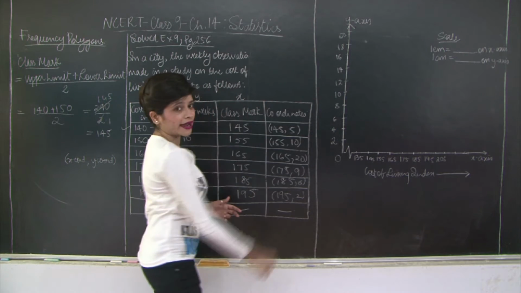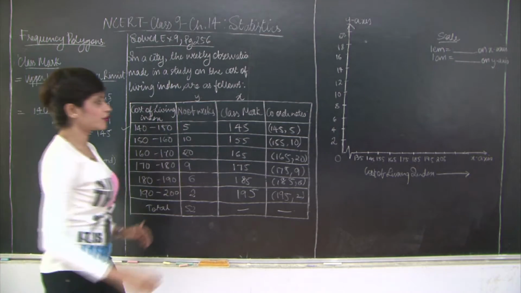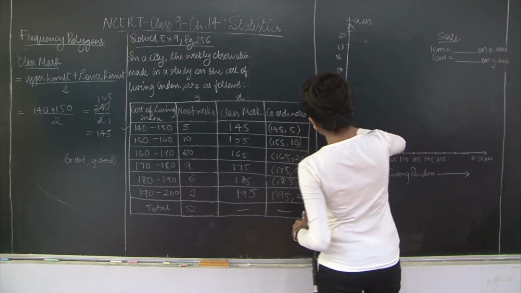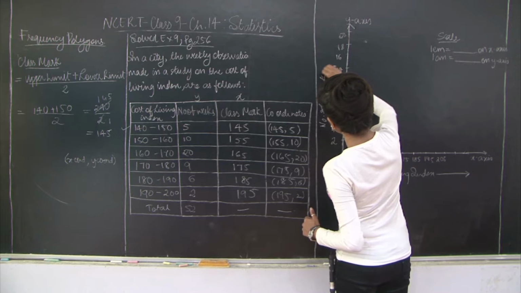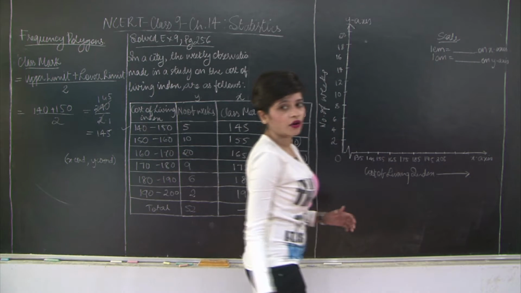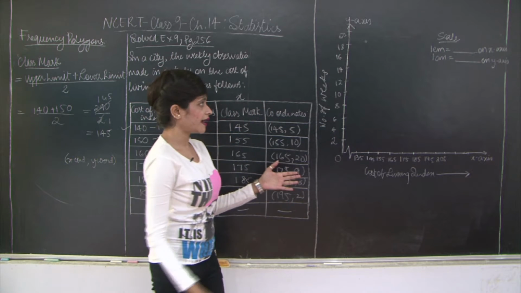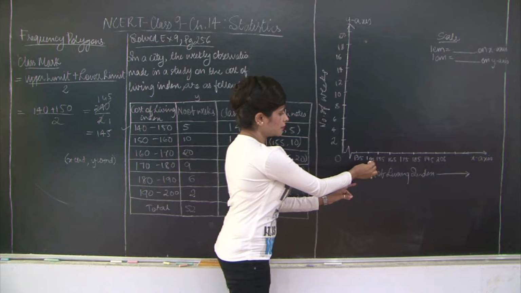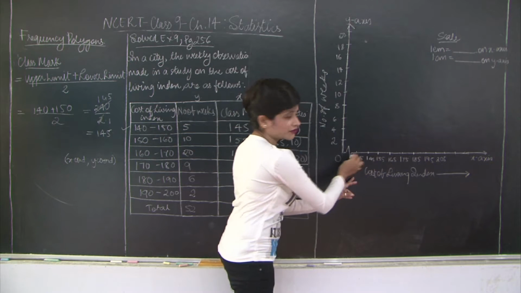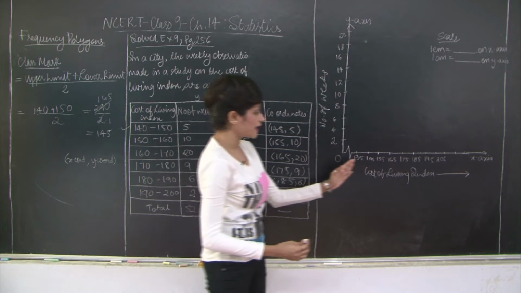And what is this on the y-axis? The heading would be number of weeks. So let me write this down. Number of weeks. And we will write our scale on the x-axis and y-axis, which is 1 centimeter is equal to, if you see the difference between this and this, or each of these consecutive numbers that we have, is 10.